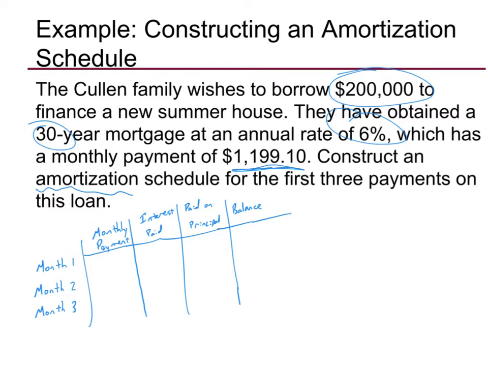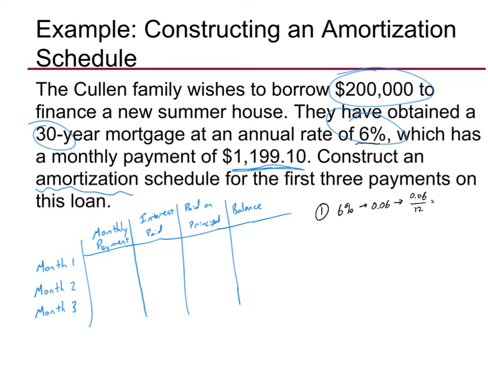Over here on the right, I'm going to go through the first month's work. We've got to tweak our interest rate a little bit first. That 6% is over the whole year. So first, we're going to convert that 6% into decimal form, 0.06, and then we're going to divide it by 12, 0.06 divided by 12, to get the interest rate per month.